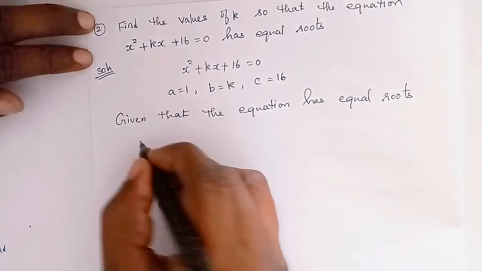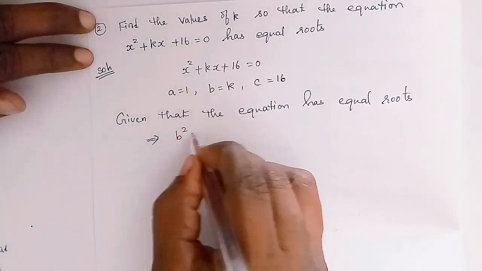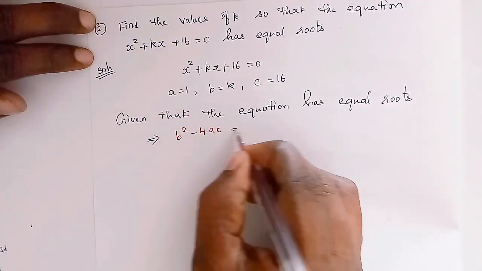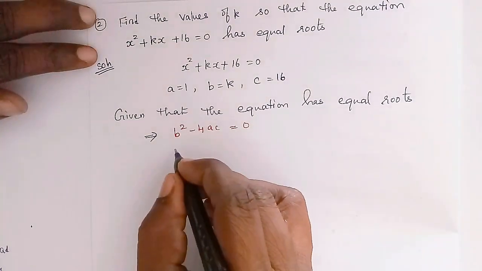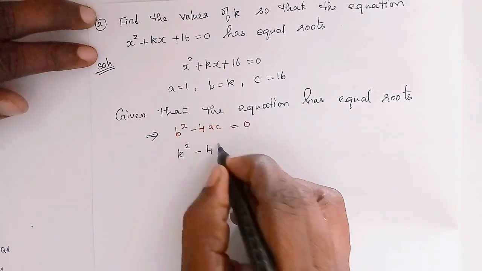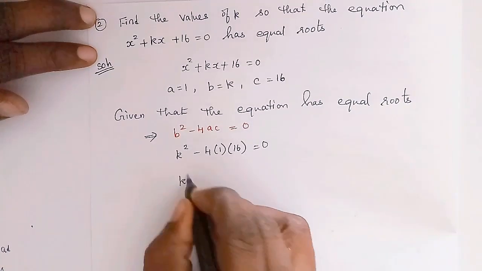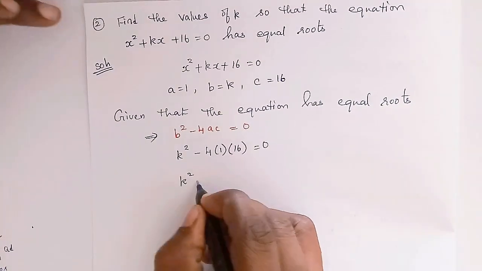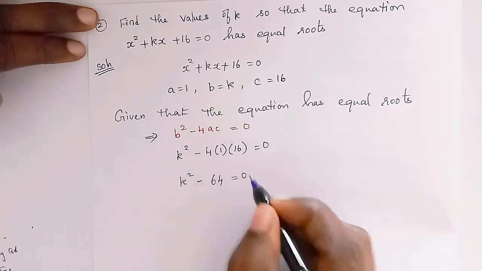If the equation has equal roots, which implies the value b square minus 4ac is equal to 0. Now what is b? It is k. So k square minus 4 into a value 1, c value 16 equal to 0. That is k square minus 4 ones are 4 into 16 is 64 equal to 0.